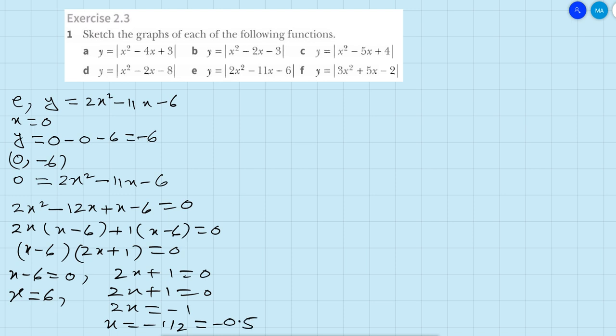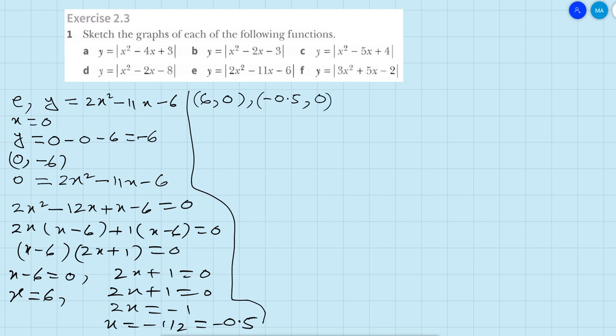So the other 2 points are: when x is 6, then y is 0. When x is minus 0.5, then y is 0.